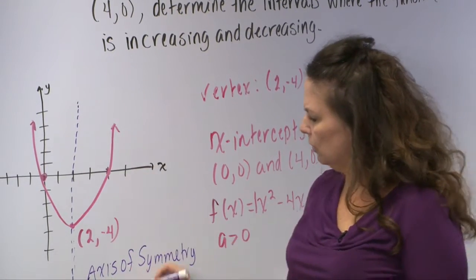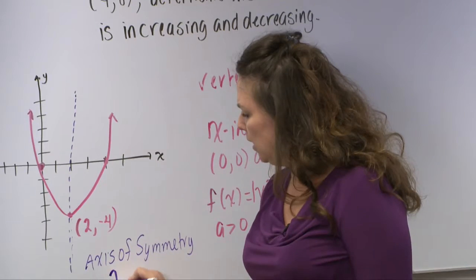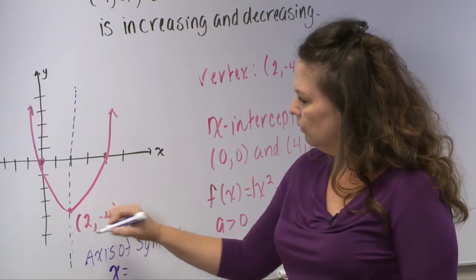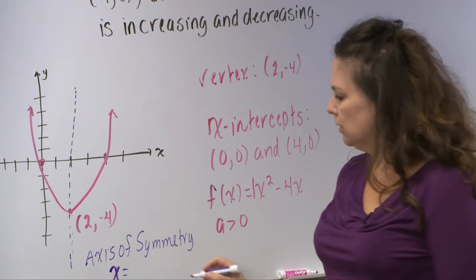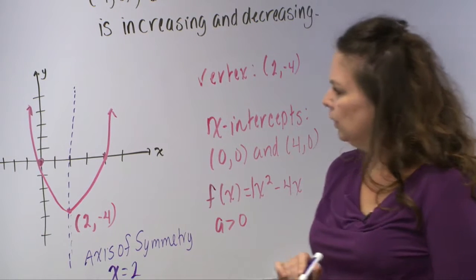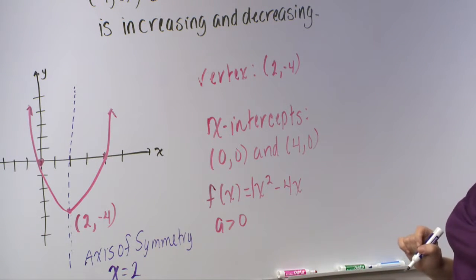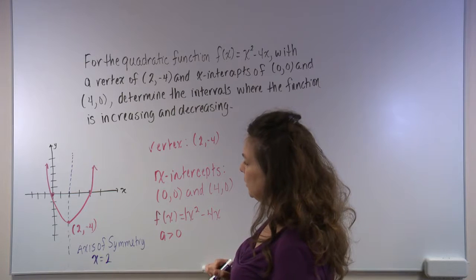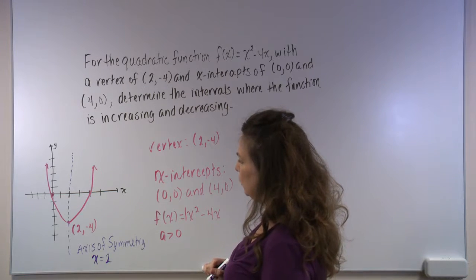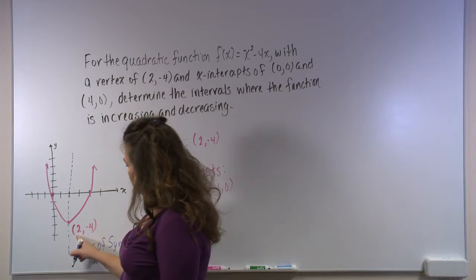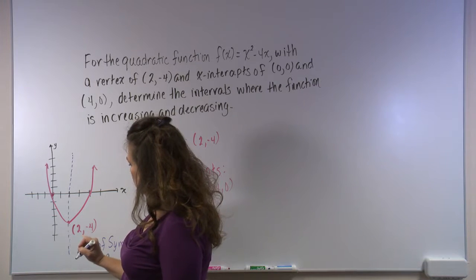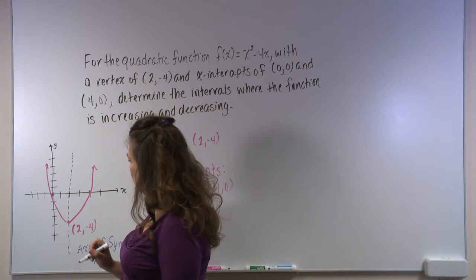To describe this vertical line, x is equal to the first coordinate of the vertex. In this case, x is equal to 2. So when we're determining where the function is increasing and decreasing, this value of the first coordinate of the vertex is going to play an important role.